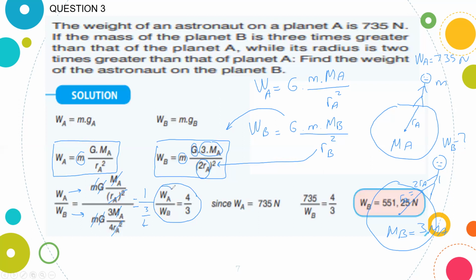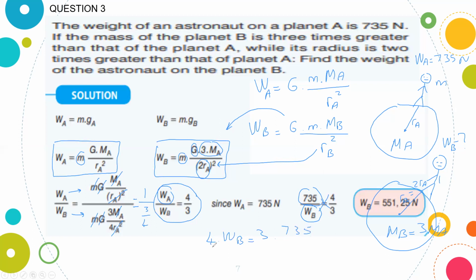And from now, how can we get our W? What do we know, people? WA is given, 735. We are looking for WB, the weight on planet B. So we are looking for that one. From now, just cross multiplication. 4 times WB equals 3 times 735.